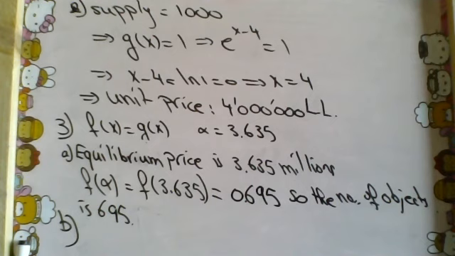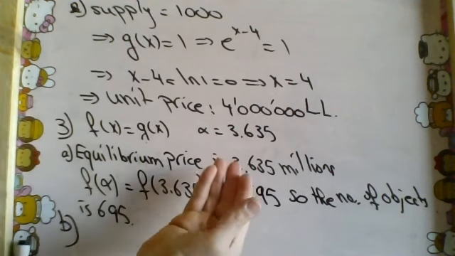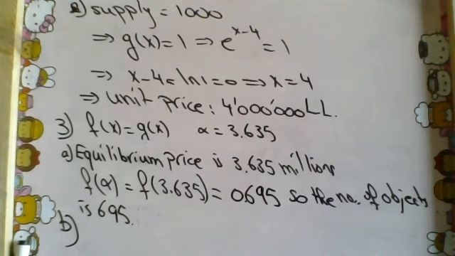But we said that the revenue is price times quantity. Here it is the quantity sold, and here is the price. So 0.695 times 3.635 million.